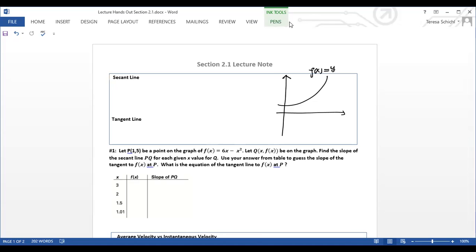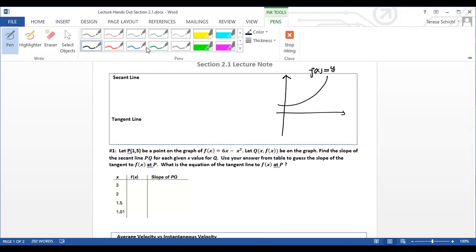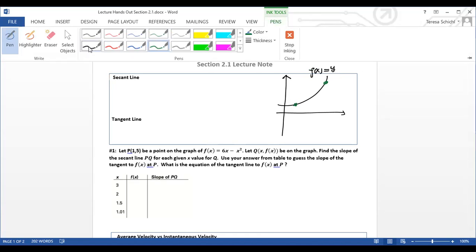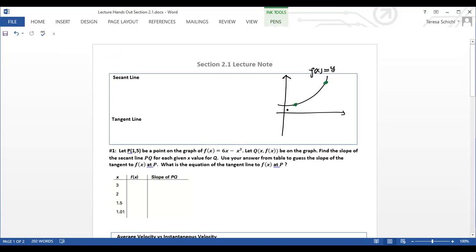So what is the secant line? If I get 2 points, like this point and this point here, the secant line is the line going through these 2 points. I hope I can draw this line well. The green one is the line passing through these 2 points.